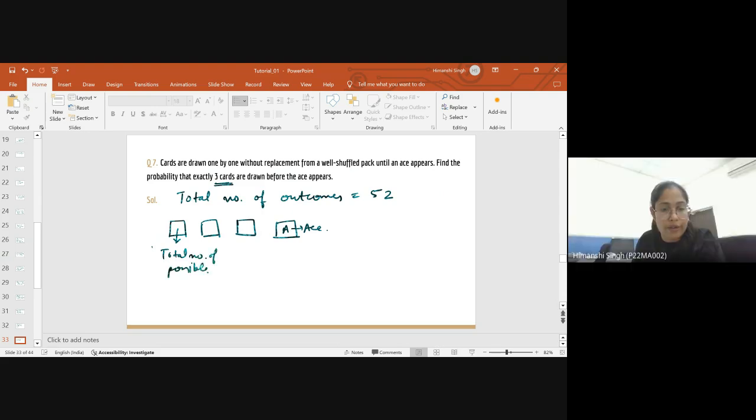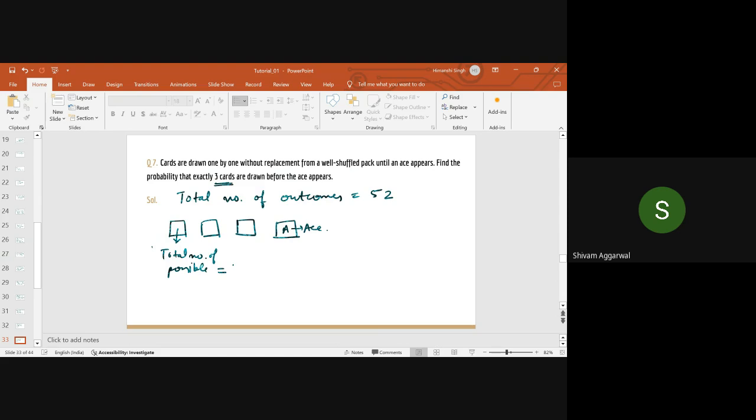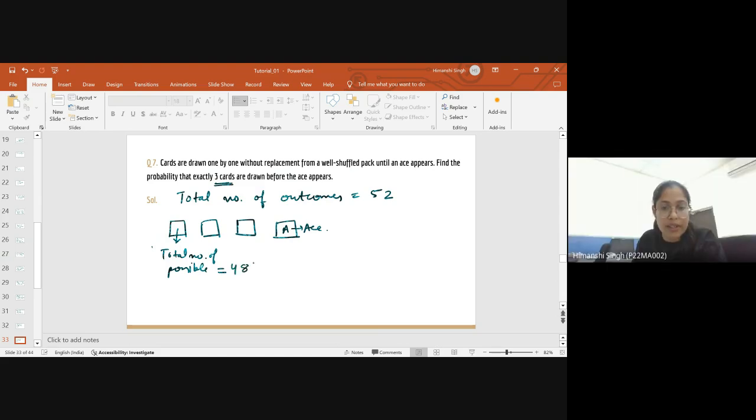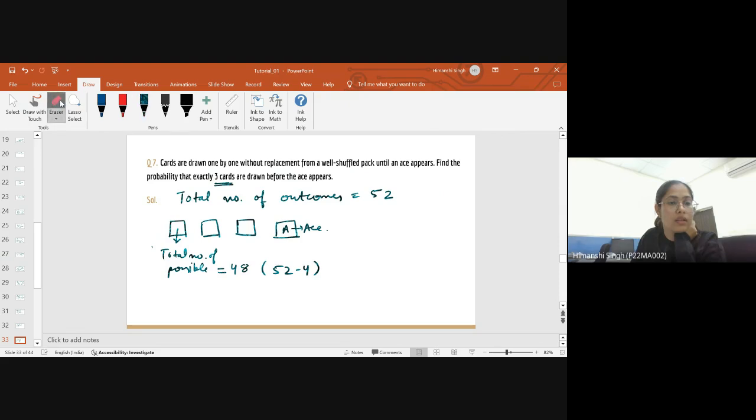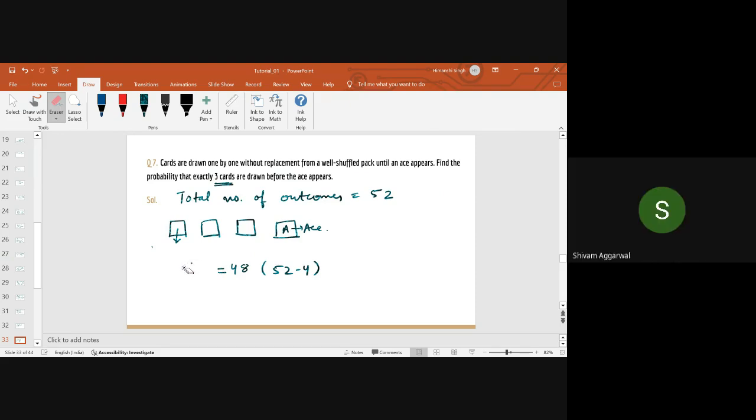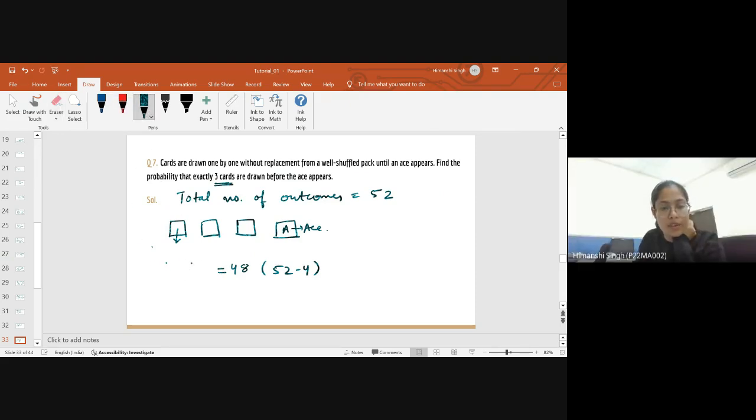We cannot have 52 possibilities at the first place because we need 48, since we are subtracting those 4 aces: 52 minus 4. So 48 is the number of favorable outcomes.